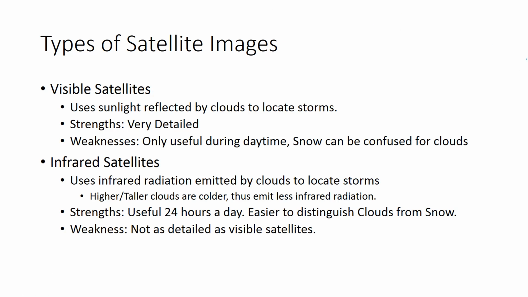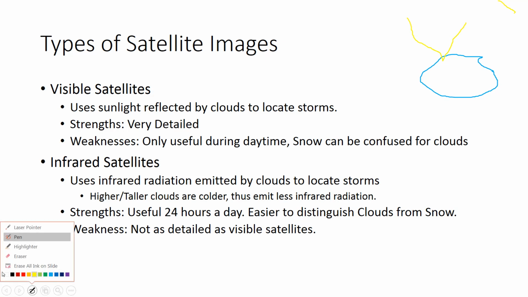All right, so here's our cloud. And then here is our incoming sunlight. It hits the cloud, bounces back off the cloud, and then a satellite sensor, and let me draw one of those, a little satellite sensor, then appears and actually absorbs that radiation and measures that radiation.